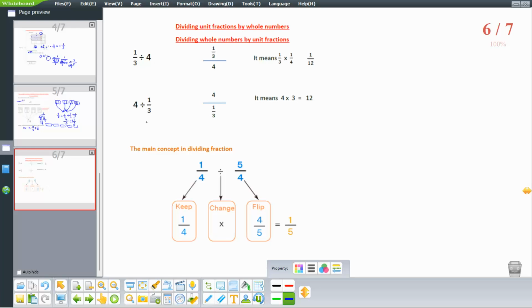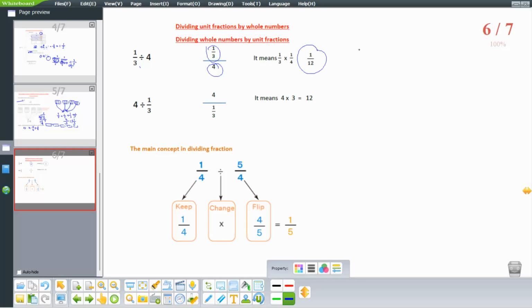Dividing a unit fraction by a whole number, or dividing a whole number by a unit fraction, is the same idea. If we have a third divided by 4, we know that it's like a fraction, third up and 4 down. So it means a third times a quarter, which means 1 over 12.